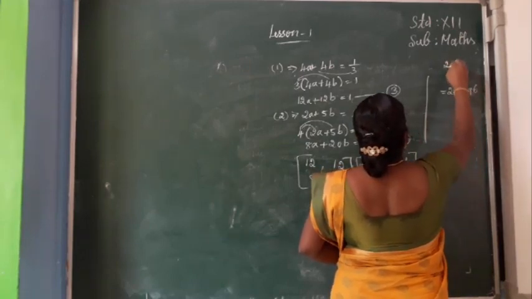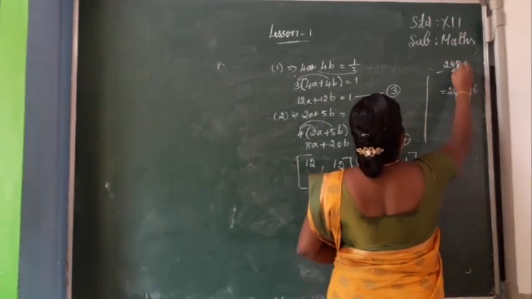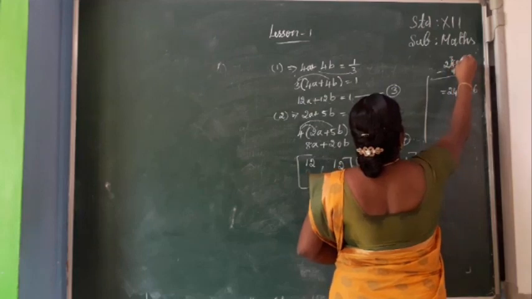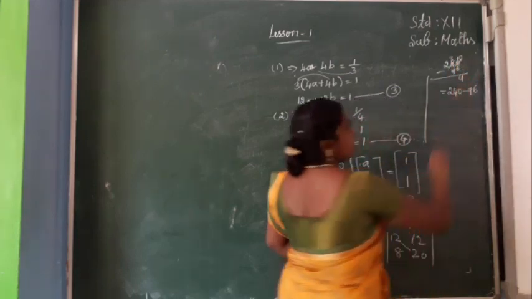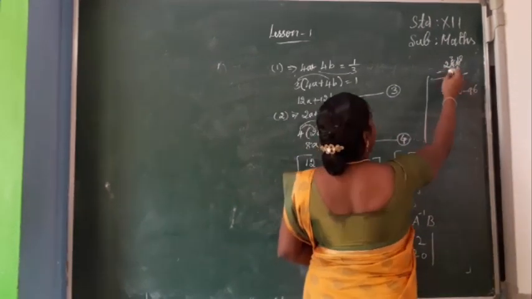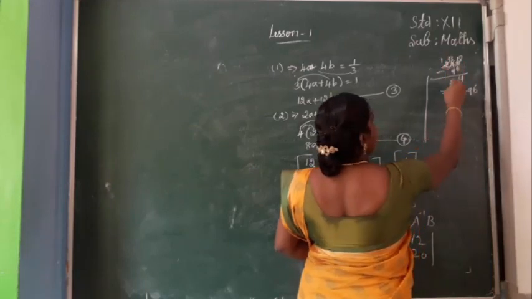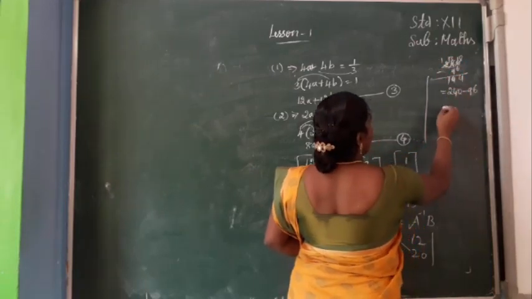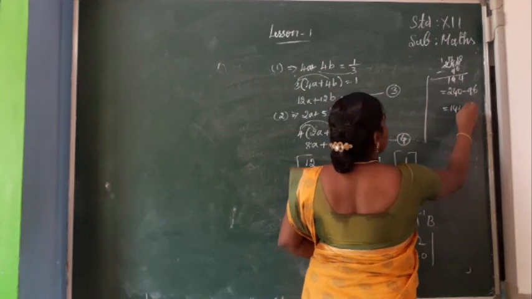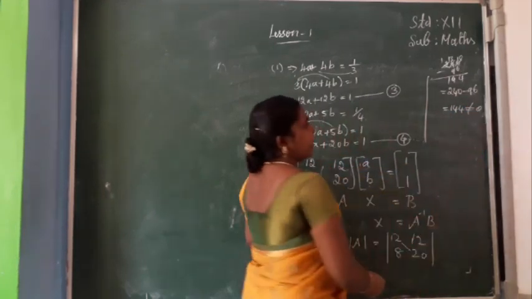Now subtract 240 minus 96, which is 144, which is not equal to 0. So A inverse exists, and we can continue to the next step.